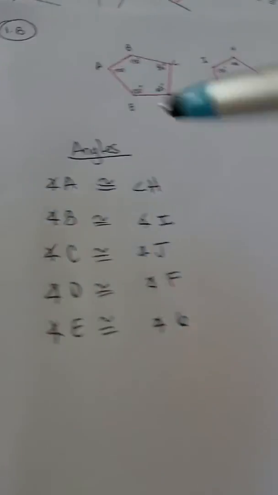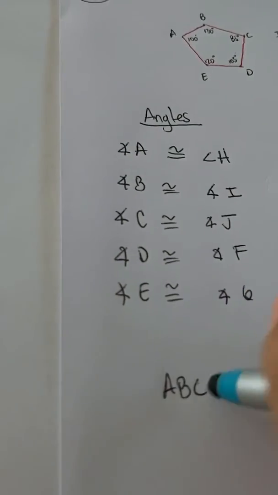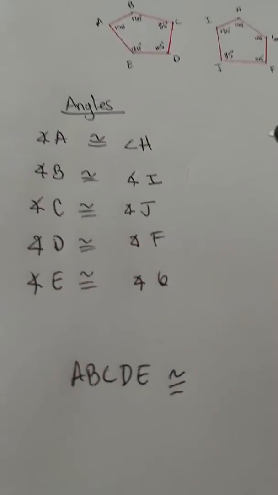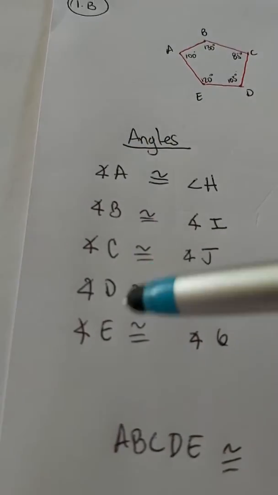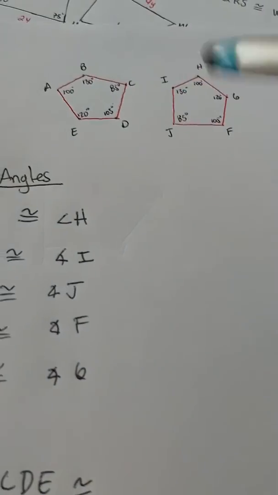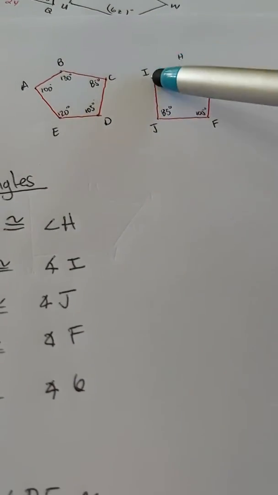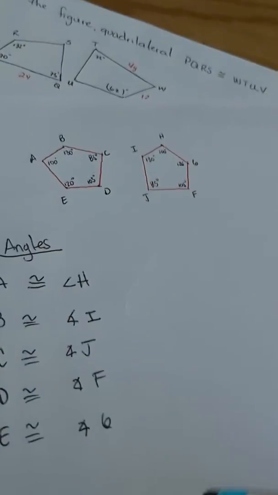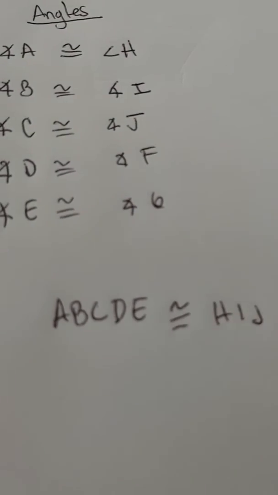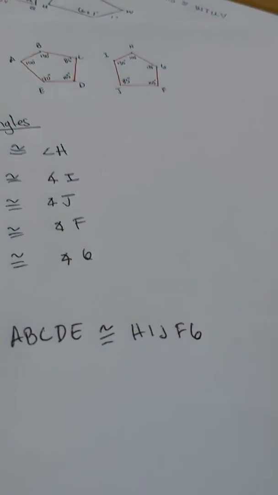So we can state our congruent statement: pentagon ABCDE is congruent to pentagon HIJFG. Again, this is our congruent statement.